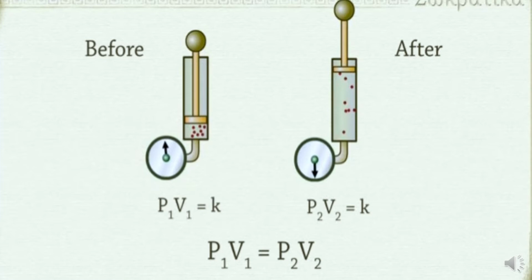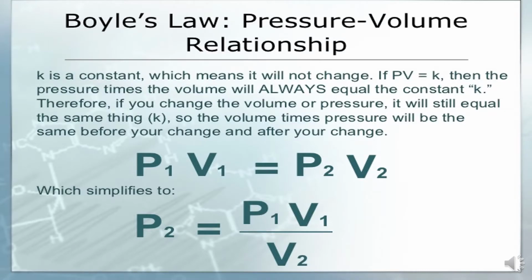Hence we can say the product of pressure and volume for a particular gas at constant temperature is a constant value. It remains constant always. Hence we can apply this relationship for two different conditions as P1 V1 is equal to P2 V2.